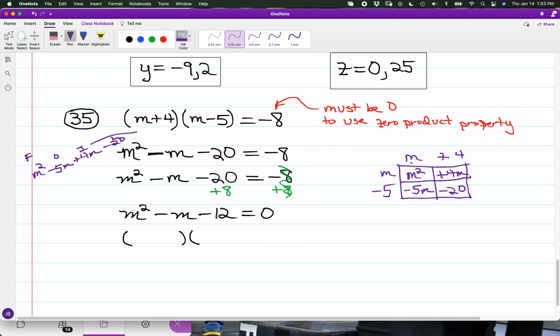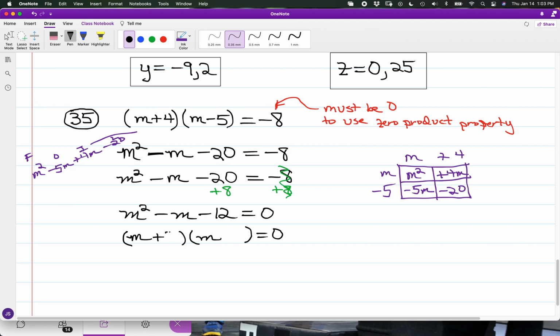Okay, so now that we have the constant adjusted from negative 8 to 0, while m plus 4 and m minus 5 cannot be used in the zero product property route, we do have the factors of m squared minus m minus 12.